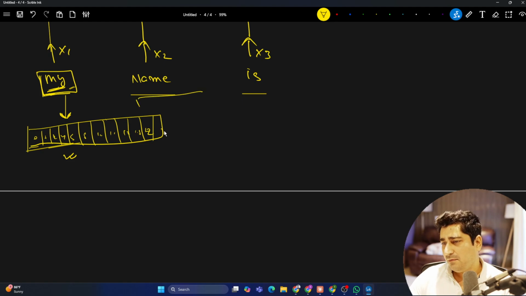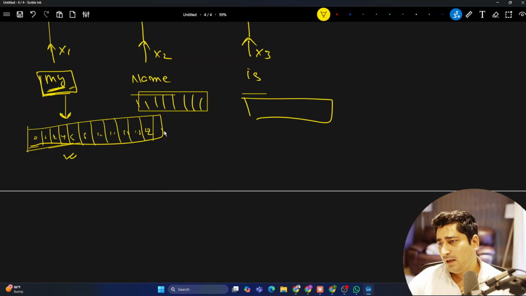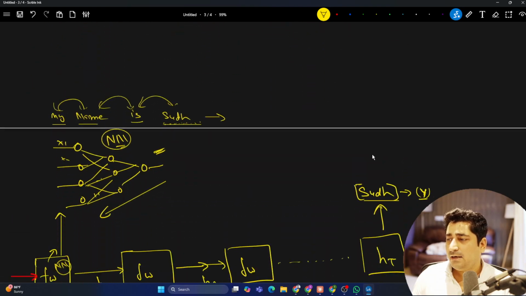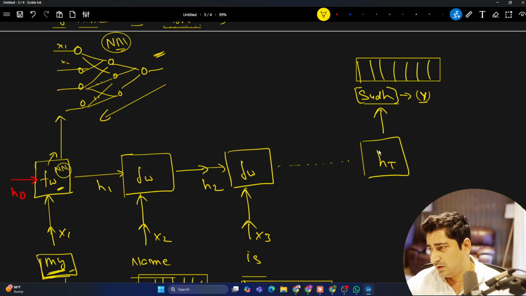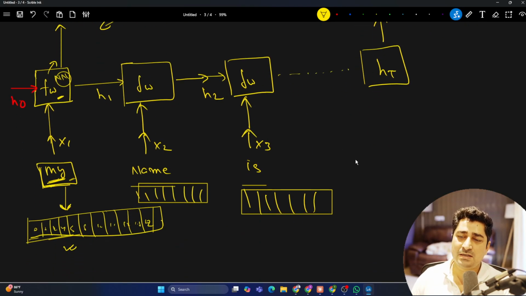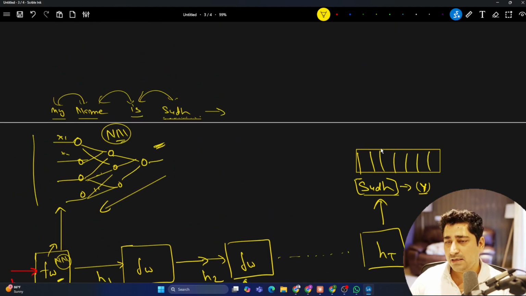Similarly, for the next word we create one array, and the same for the third word. So this is the array that will be given as an input inside this neural network.